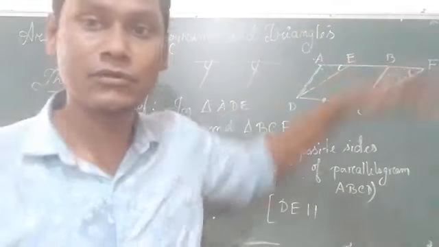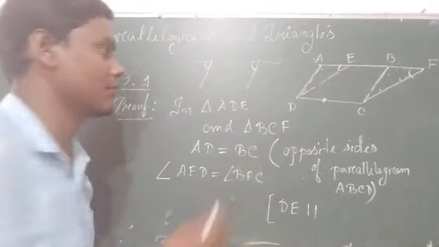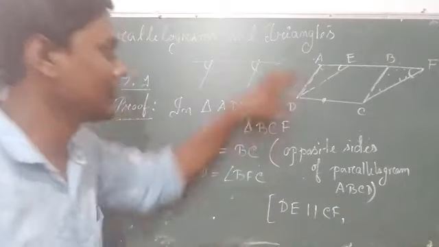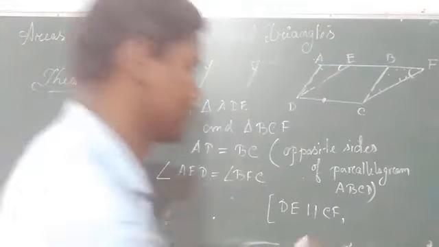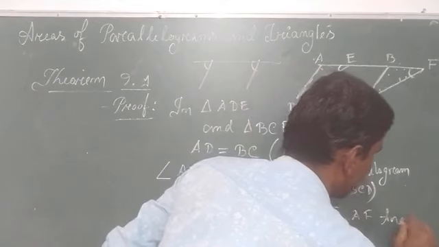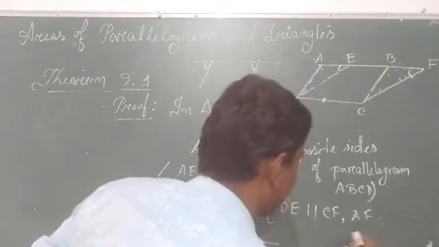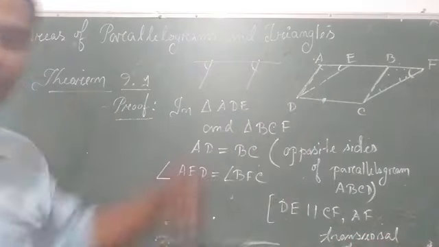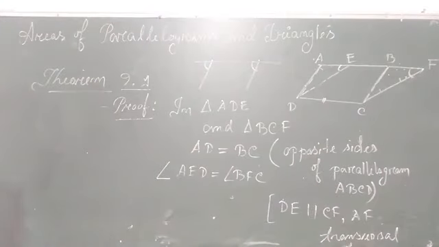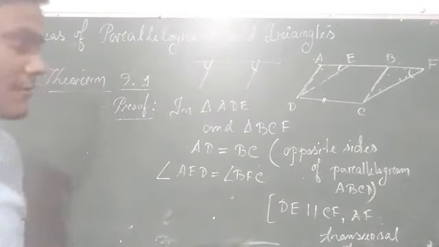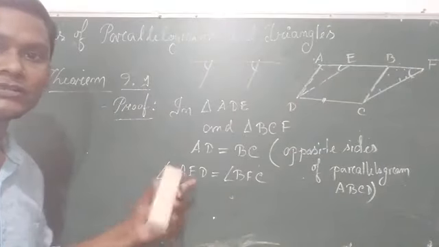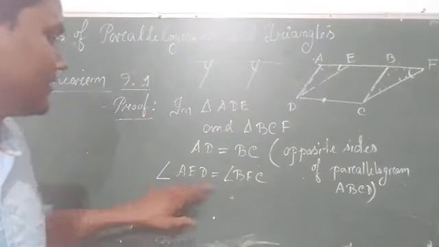So DE and CF will be parallel because these are opposite sides of a parallelogram. So DE parallel CF, AF transversal, corresponding angles. So these two are equal. Next, angle AED is equal to angle BFC.